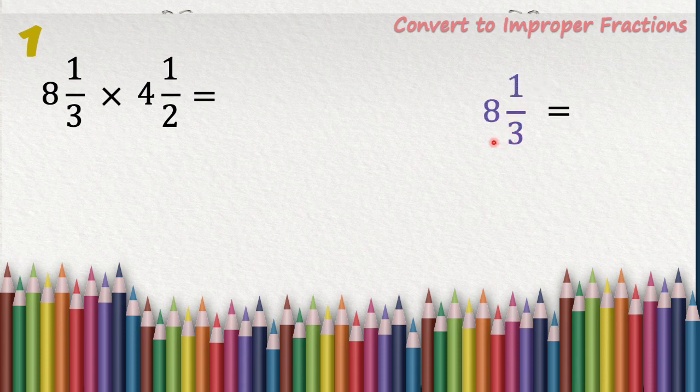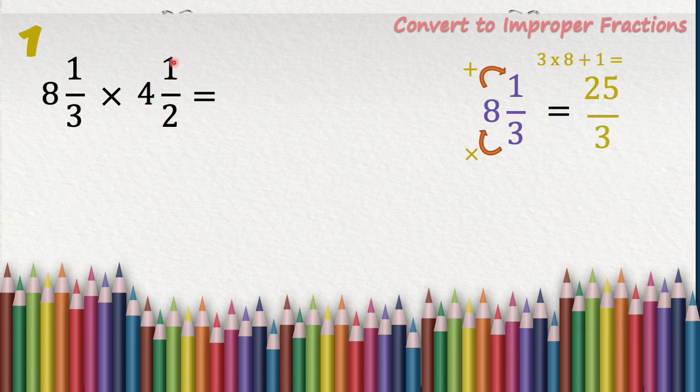So i-multiply sa nato first ang denominator ug ang whole number. So that is 3 times 8. And then ang product ato will be added sa numerator, which is 1. So we have now 3 times 8 plus 1. That will give us 25. Then for the denominator, copy lang nato ang nasa given fraction.